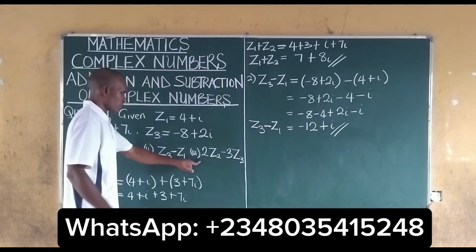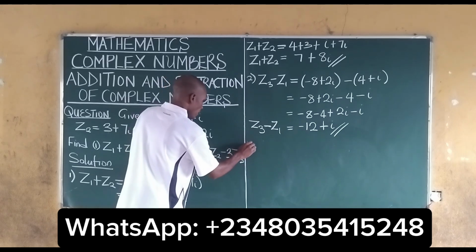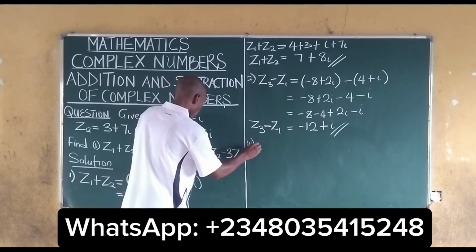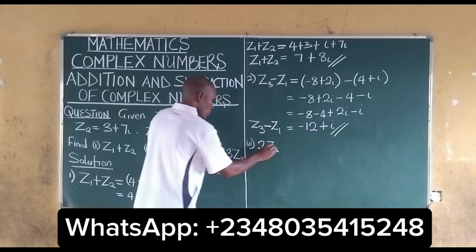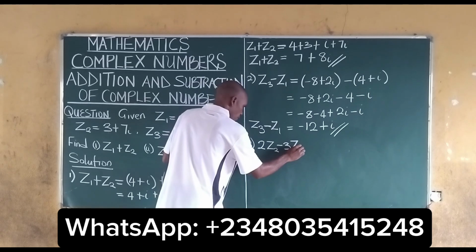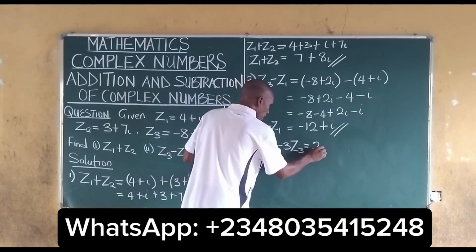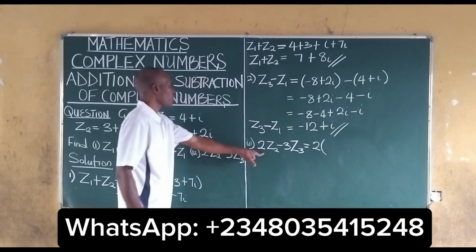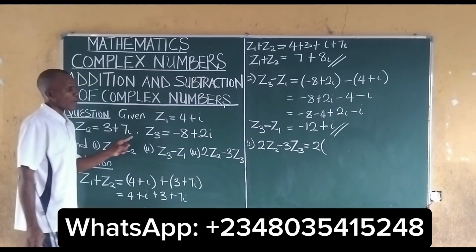The last of this here is number 3. We are asked to find 2 multiplied by Z2 minus 3 multiplied by Z3, which is equal to, we bring down 2 and open the bracket. What is our Z2? Our Z2 is 3 plus 7I.